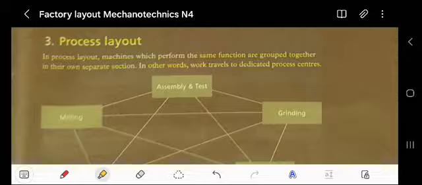It's when we group the same type of machines aside. We're talking about segregation now. We separate them into their own sections. Let's say this portion is for spanners only, this portion for grinders. The machines are packed accordingly.